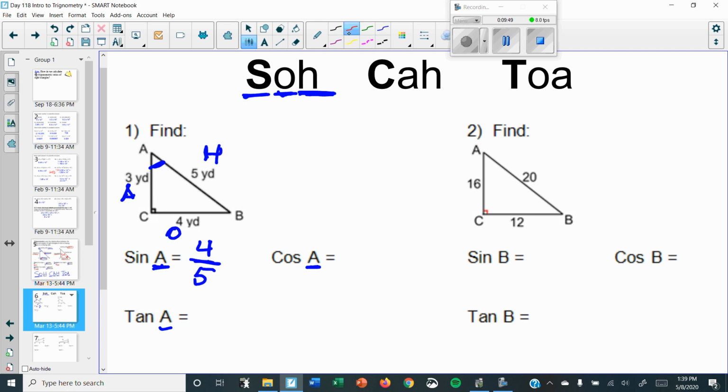Okay, now for cosine, cosine is the adjacent over the hypotenuse. Well, which number is the adjacent? 3. So we're going to do 3 divided by the H. Well, the H is 5. So cosine is 3/5.